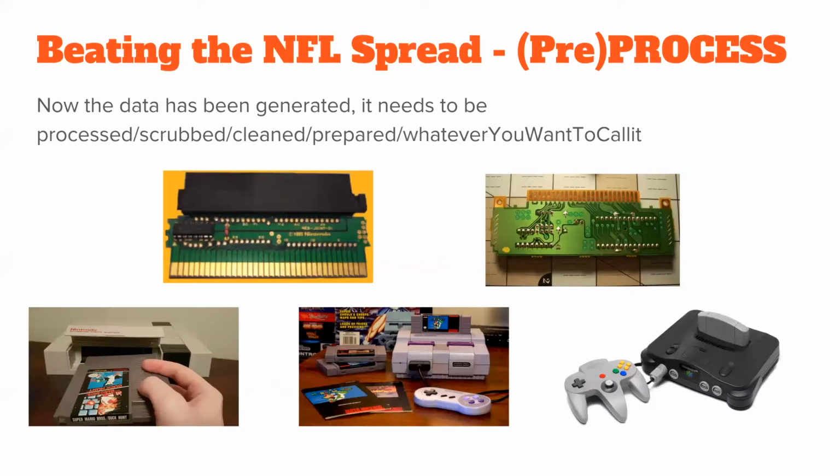So just like the original Nintendo made in 1985 needs to have those pins line up just right for the Nintendo to run, your data needs to have its elements lined up just right for the algorithm to be able to run against your data.